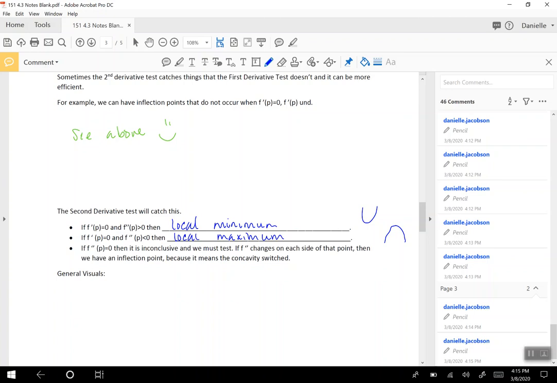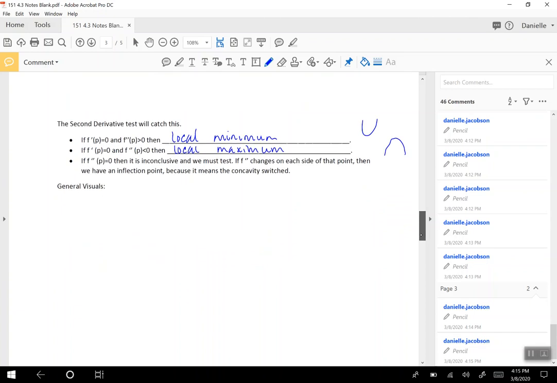Okay, so if you find f double prime of p is 0, then you have to figure out what the second derivative on the left-hand side of it is and what the second derivative on the right of it is. If your concavity switches, goes from positive to negative, or negative to positive, then you have an inflection point.